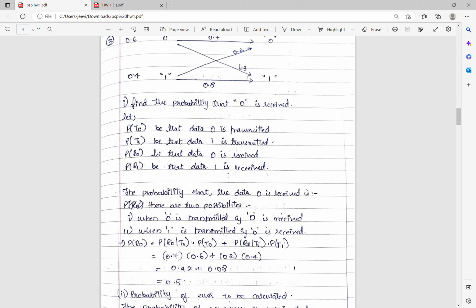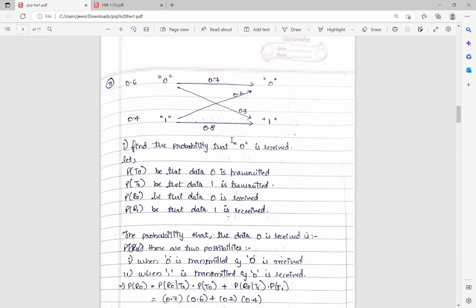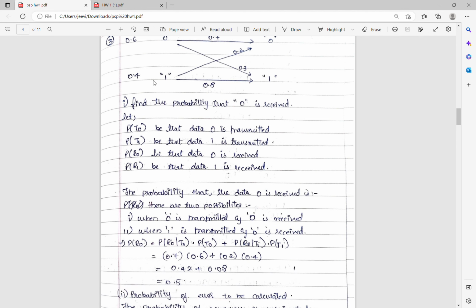So we can calculate the probability of receiving 0 by summing these two probabilities: the probability of receiving 0 when you transmit 0 multiplied by the probability of transmitting 0, plus the probability of receiving 0 when you transmit 1 multiplied by the probability of transmitting 1. When you substitute these values, 0.1 into 0.6 and 0.2 into 0.4, you get an outcome of 0.5.